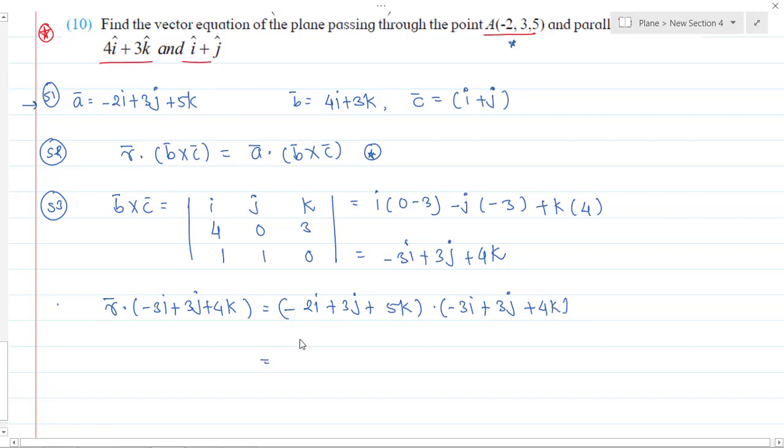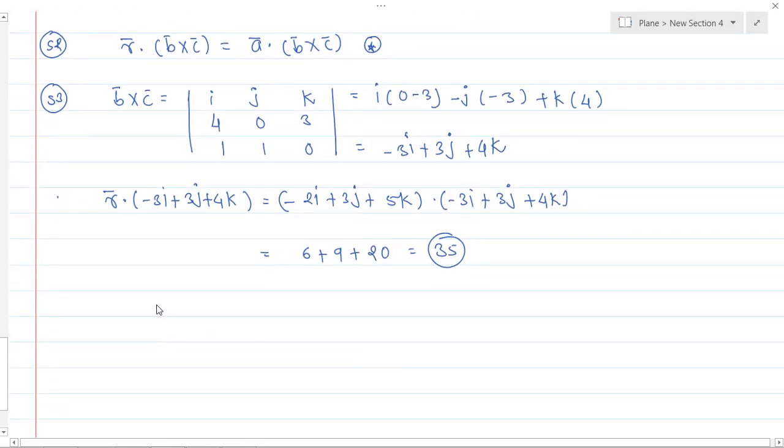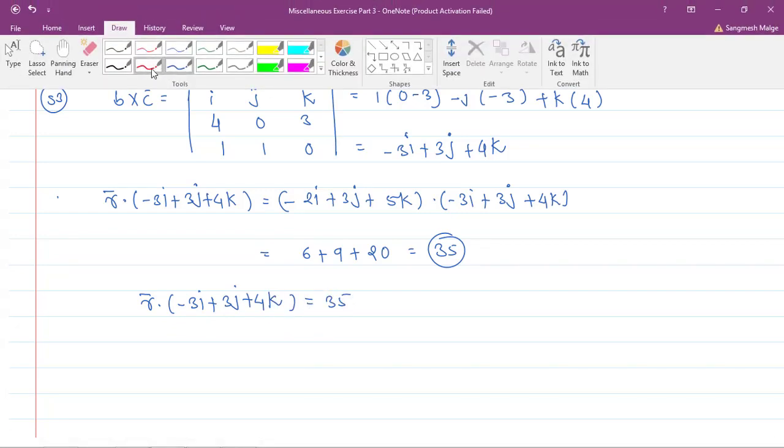Let's solve this. So minus 2 into minus 3 is 6, 3 into 3 is 9, and 5 into 4 is 20. So 9 plus 20 is 29, plus 6 is 35. So my final answer is r bar dot minus 3i plus 3j plus 4k equals 35. That's great.